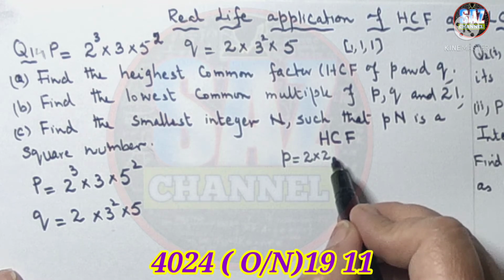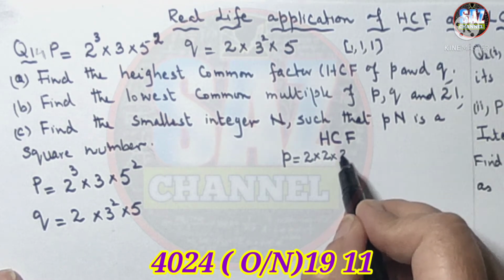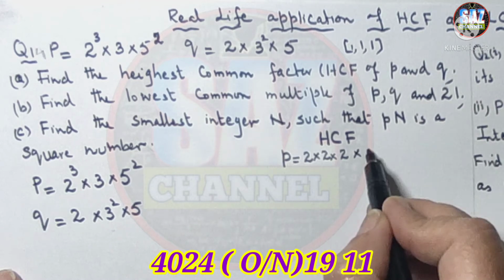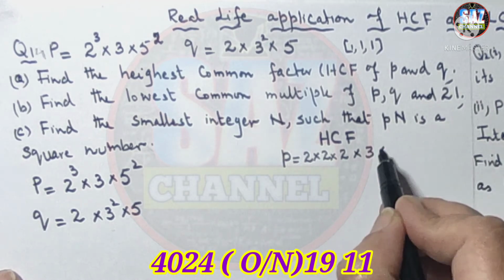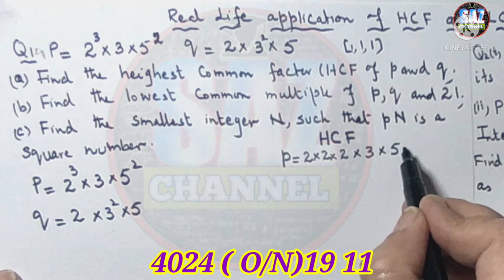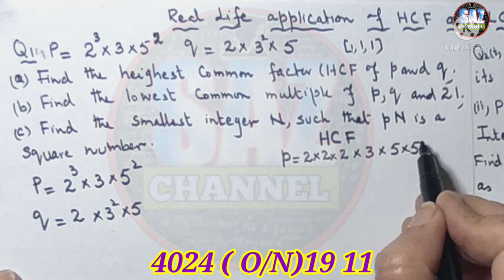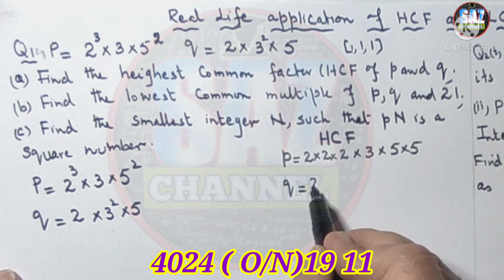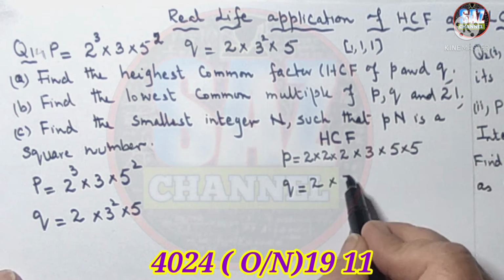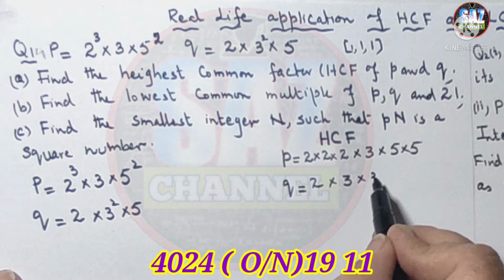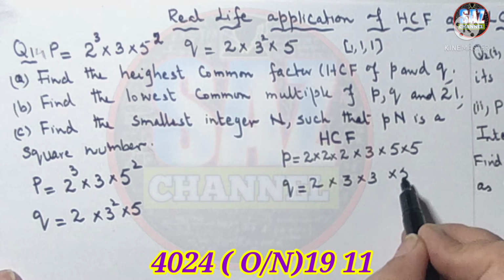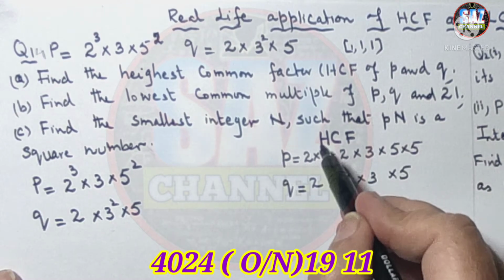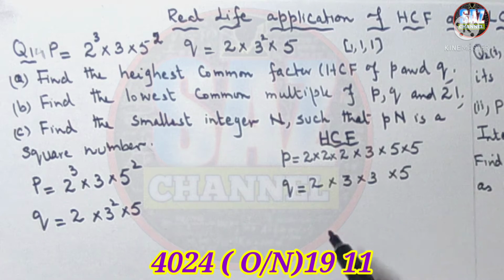So P can be written 2 cube, 3 is coming once only, and 5 is coming twice, 5 multiplied by 5, and Q is 2 multiplied by 3 multiplied by 5. HCF, highest common factor.